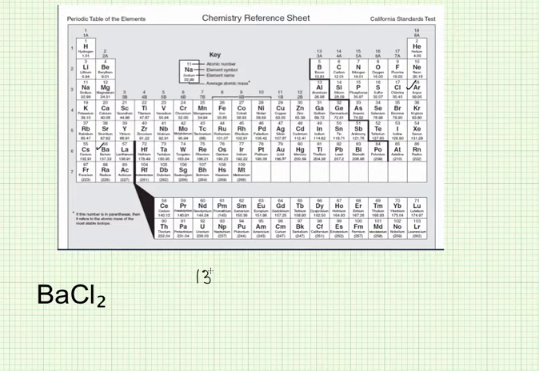I have 137.33 for my barium. So I've got 1 barium. I have 2 chlorines. The subscript 2 tells me I have 2 of those, so we're going to take 2 times, and chlorine is over here, a nonmetal, and it's 35.45.